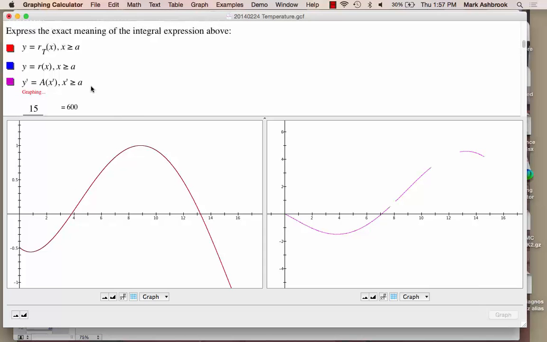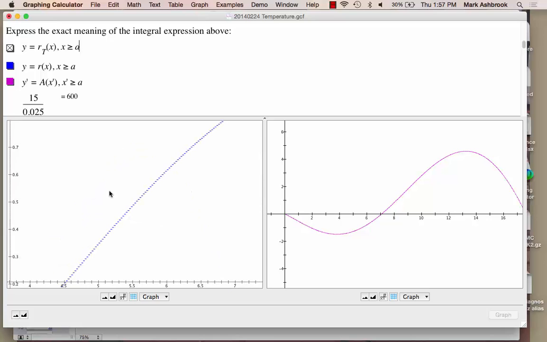Okay, and if I turn off the exact rate, what do you see over there? It looks just like the exact rate, right? But if I zoom in again, what is it?